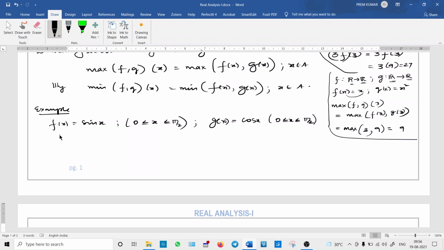And define h, another function, that is nothing but the maximum of f and g.